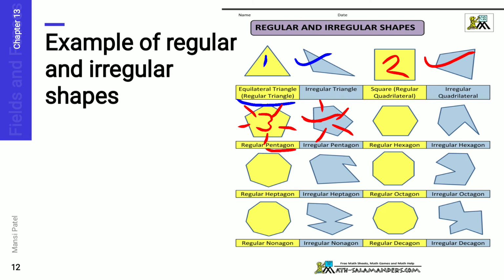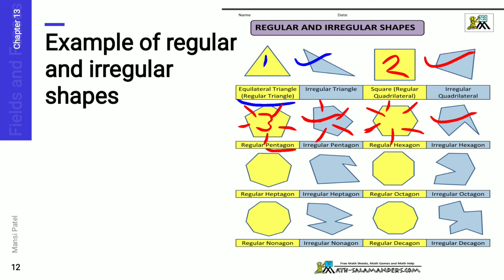Now the shape which has six sides, 1, 2, 3, 4, 5, 6, is known as a regular hexagon. If we put the word regular before pentagon or hexagon, it means all the sides of this shape are the same. Whereas in another one, there are also six sides, but all the sides are of different length. Therefore, we can say that this is an irregular hexagon.